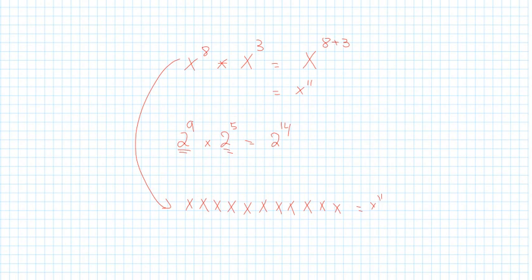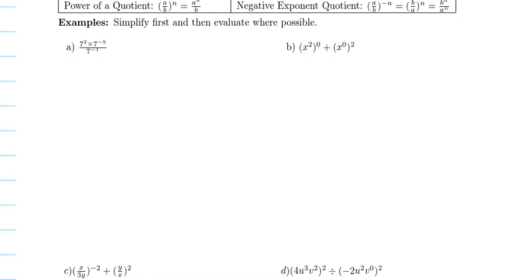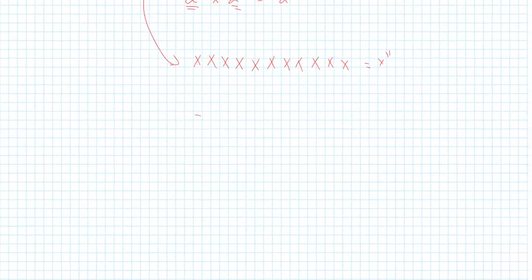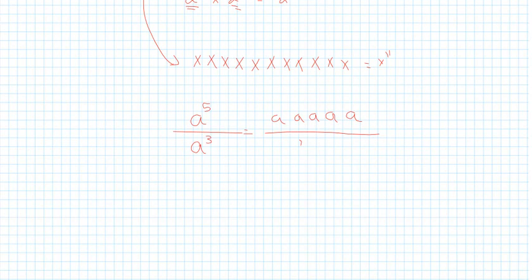Now, the second law is the division law. If I have a to the power of m divided by a to the power of n, again we're talking about the same base, and I'm dividing. So if I have a to the power of 5 divided by a to the power of 3, and I write this in expanded format, I have a times a times a times a times a divided by a times a times a.